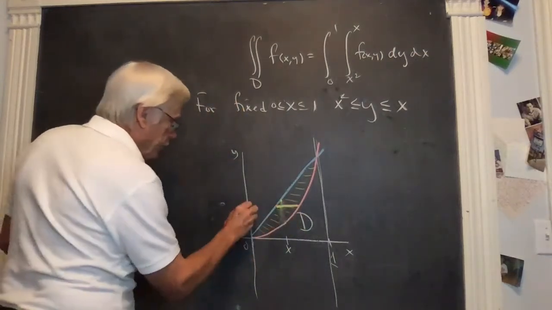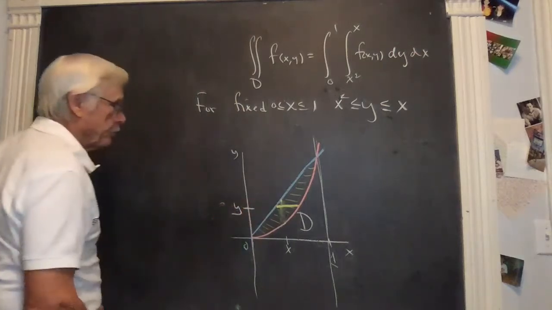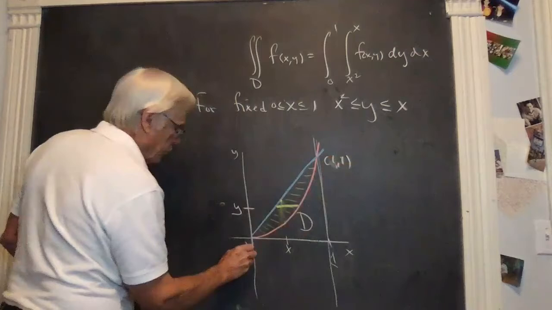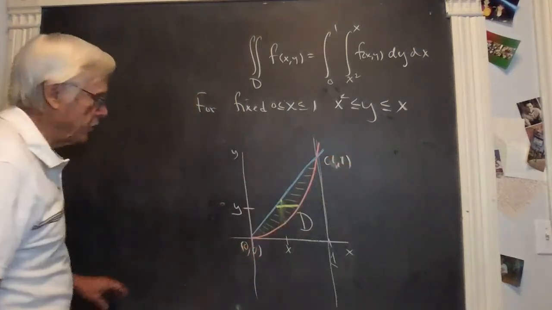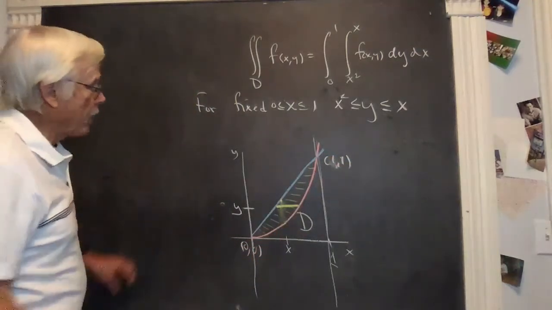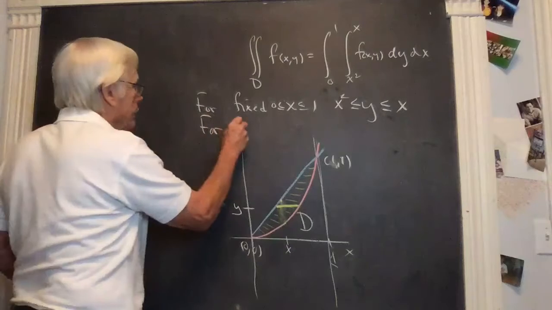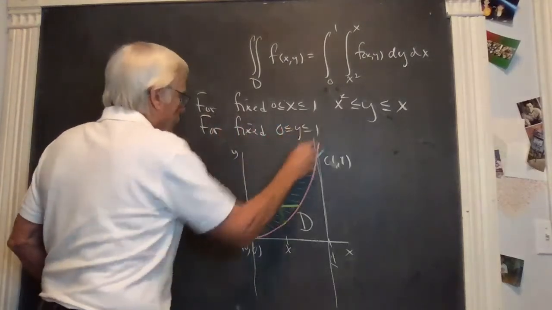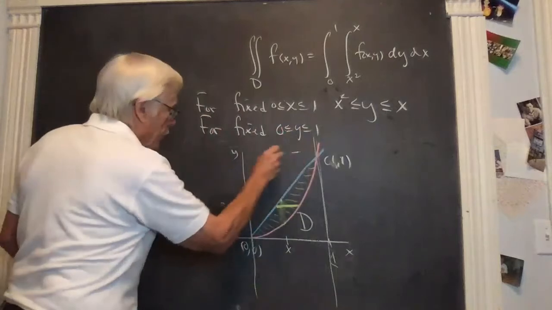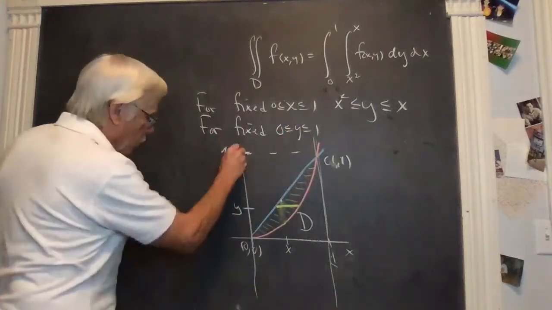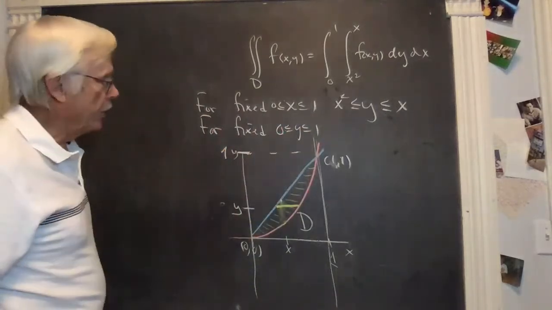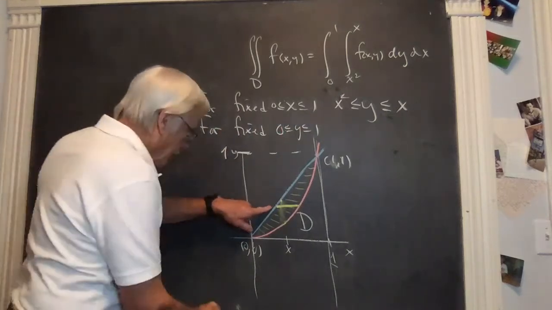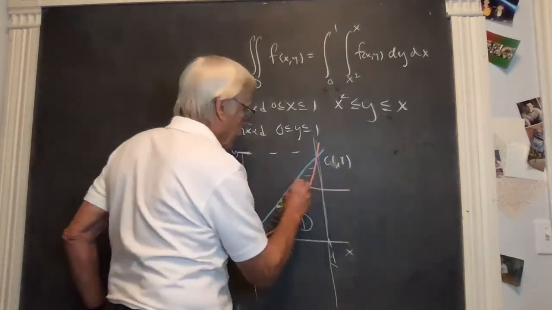That would mean fix a y value. These 2 points are 1, 1 and 0, 0, maybe not a good choice. But if we want to describe it for a fixed y, that is, the y value lies between 0 and 1 vertically, what is x going to vary between? Well, this blue line is the line y equals x.